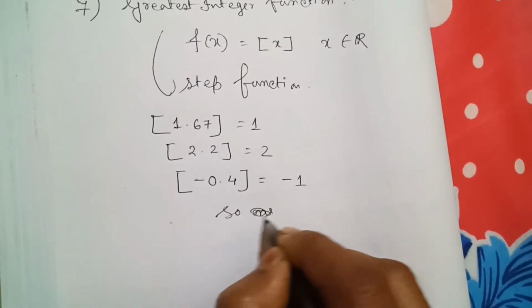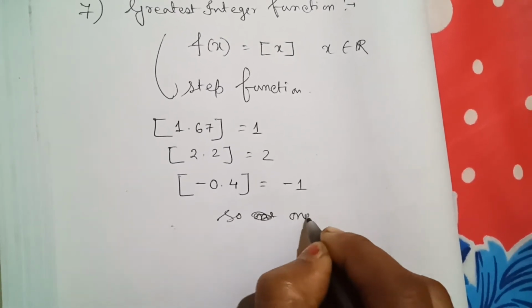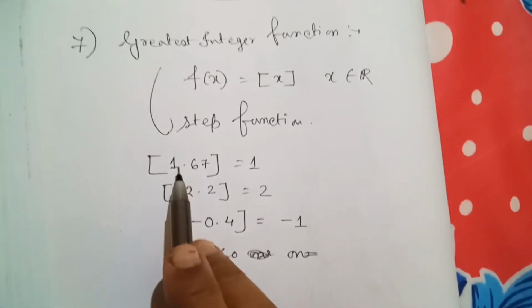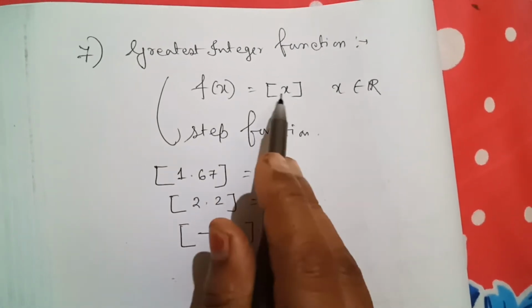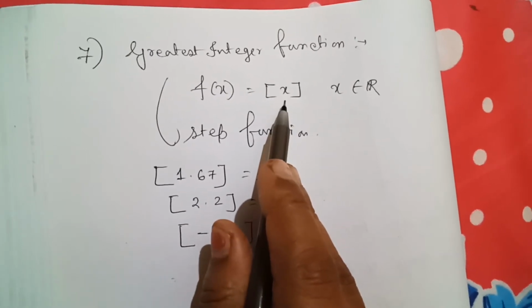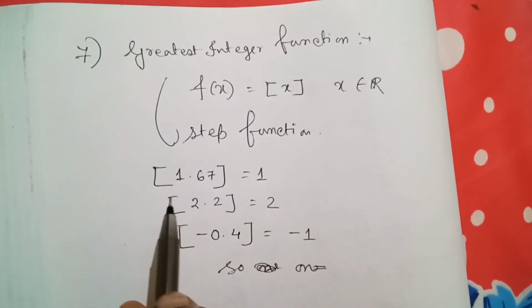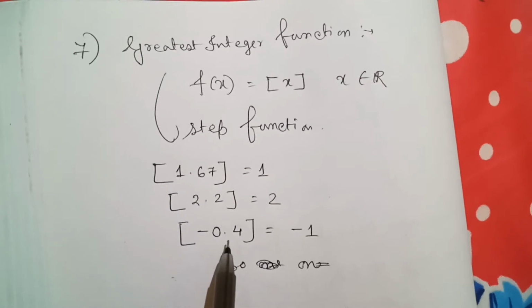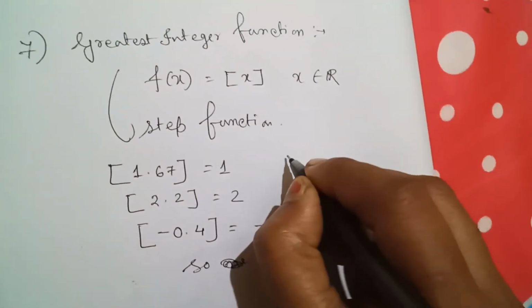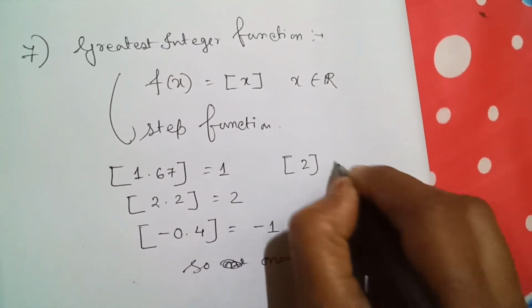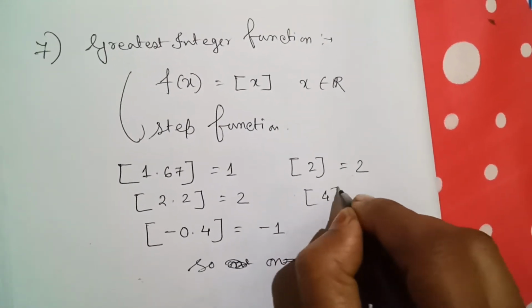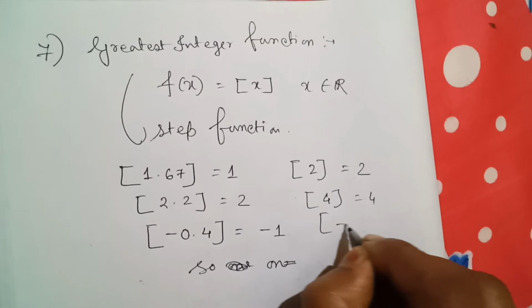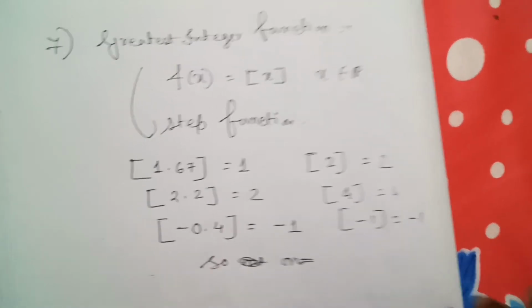So what I want to say is that whatever x you are taking, box x will be the integer just before that, if it is not an integer. Suppose x is an integer, like box 2 means 2, box 4 means 4, box -1 means -1.